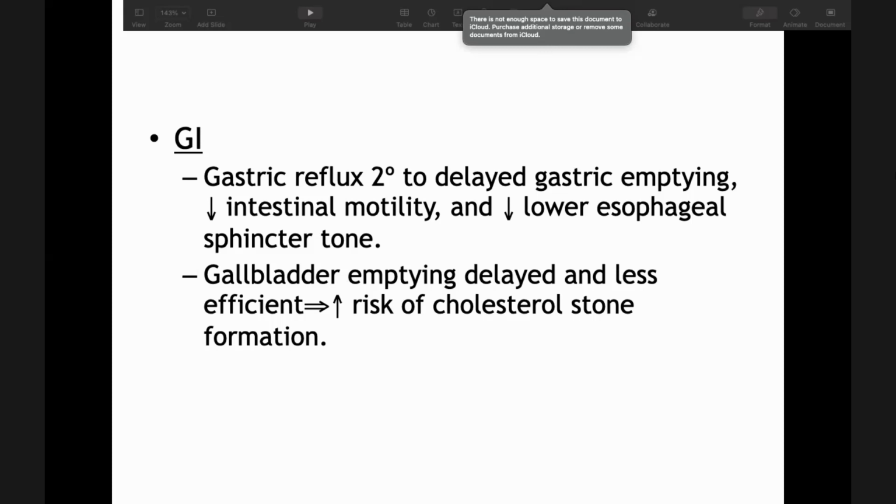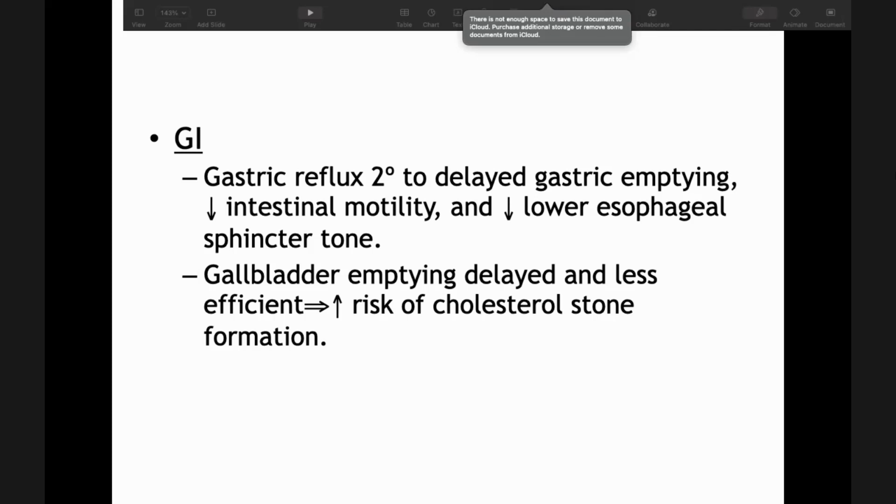So intestinal motility, the movements of the gut tube, will also reduce. Sphincter tone will reduce, and there will be stasis, especially when the woman has milky products, chocolate and caffeine. There will be an increased tendency to have gastroesophageal reflux disease. So they are prone to get it normally also.